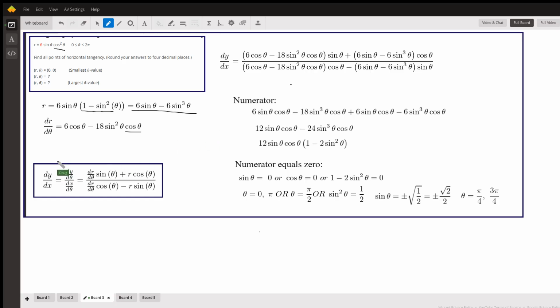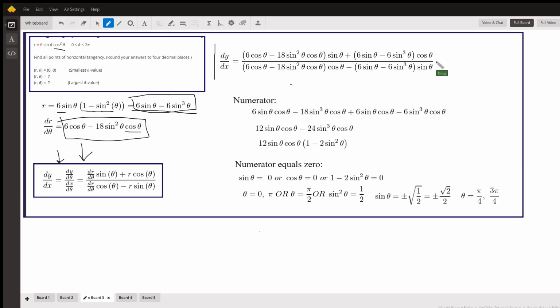And just to reiterate, we're going to use this formula. So there's the formula for dy/dx. If we substitute in this value for r and this value for dr/d theta into that formula for dy/dx, that's what it looks like.